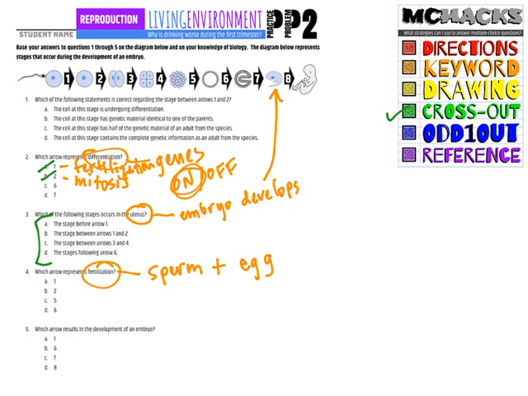Which arrow results in the development of an embryo? Well, let's look right here. An embryo is the alien-looking thing. Okay, this one right here is a fetus. So guess what? That's the embryo. Indicate your response.